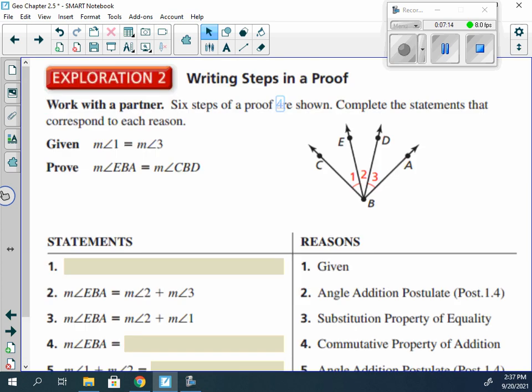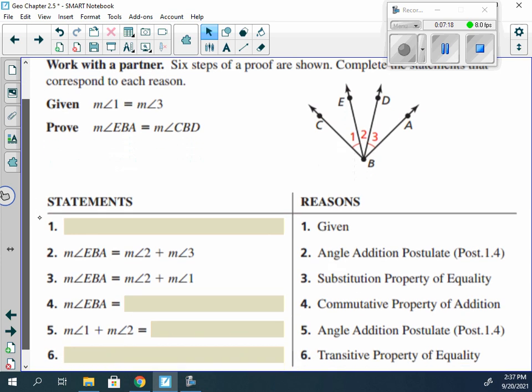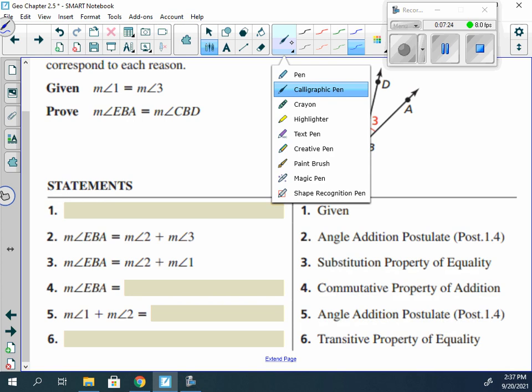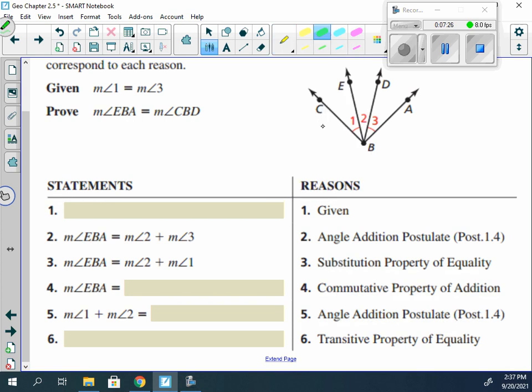Okay, let's look at another one. So we're going to do this together. So we want to fill out the rest of the steps. Now again, whenever we do a proof, what do we always start with? So what is the given information? The measure of angle 1 is equal to the measure of angle 3, yes? Do we have that already filled in?